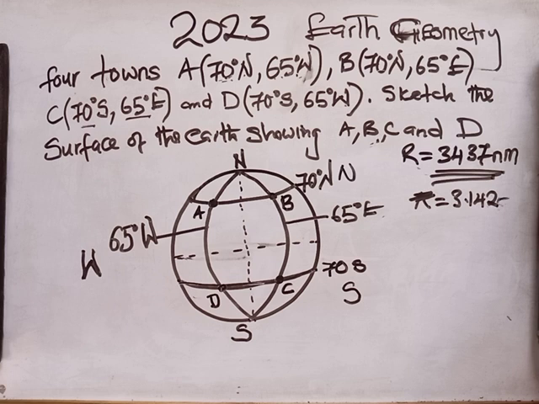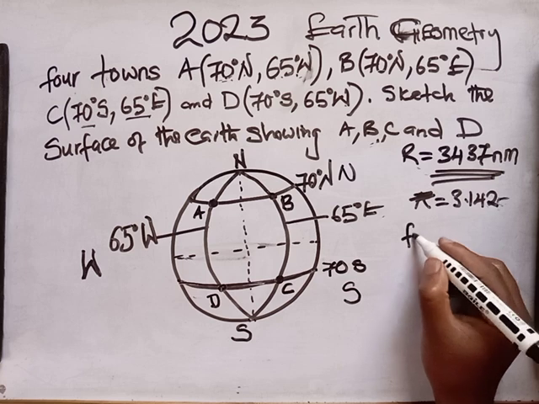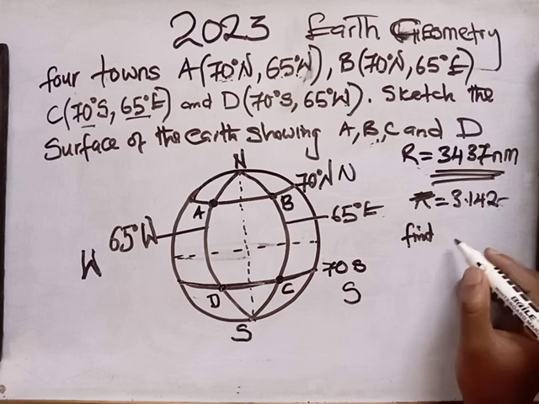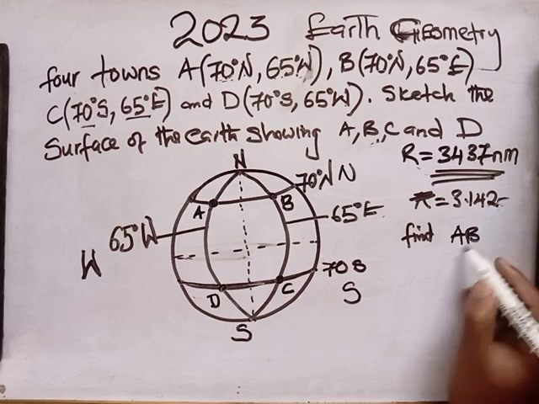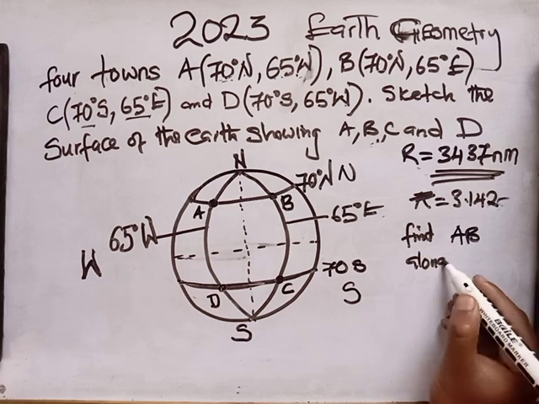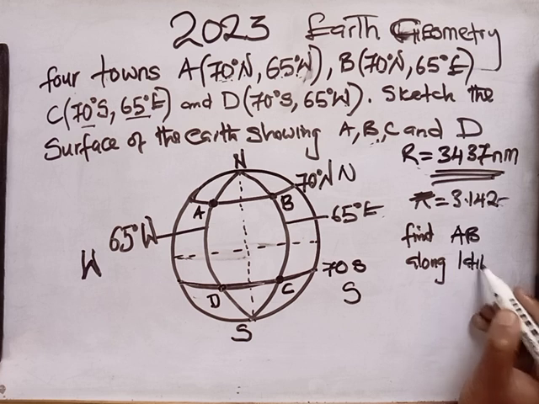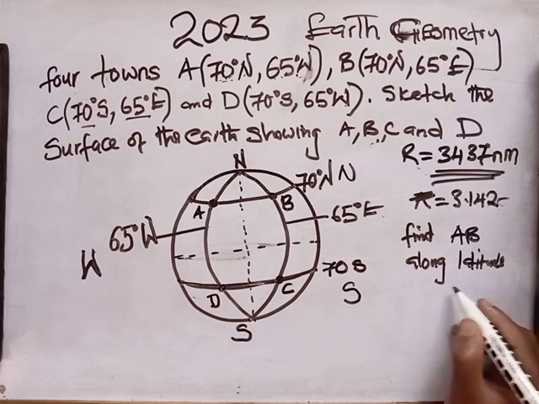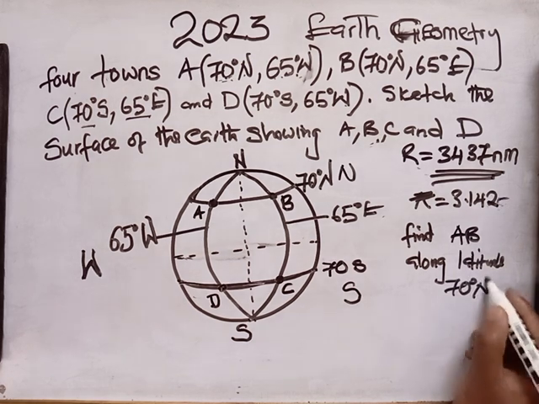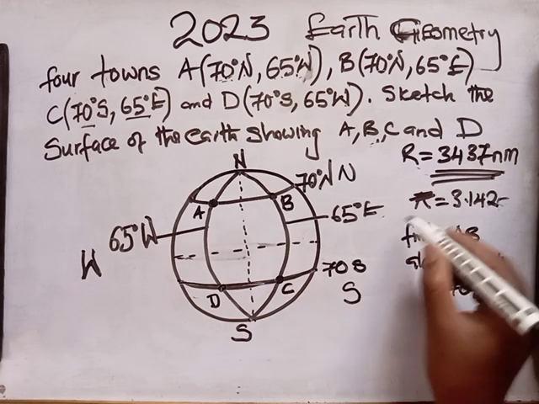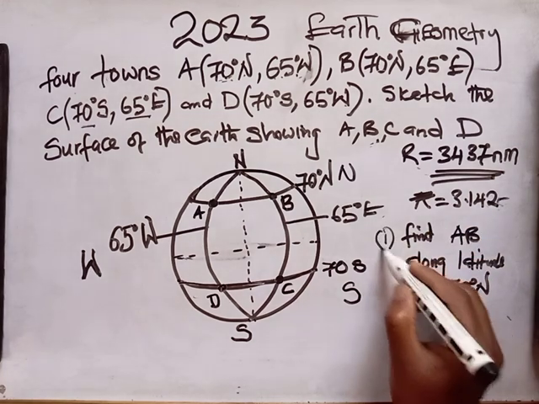The corresponding questions say: find the distance AB along latitude 70 degrees north. This is question 1.